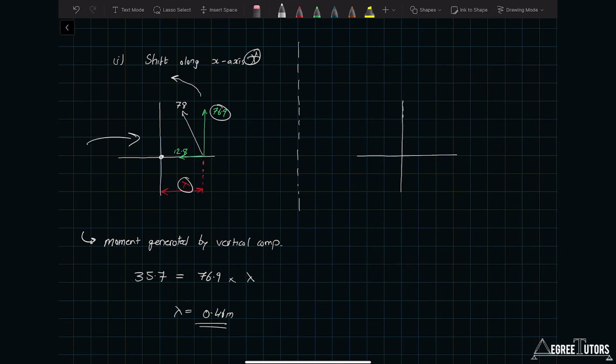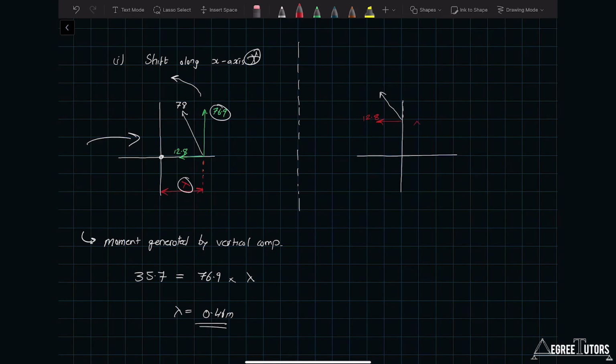Okay, so the other option was to shift it along the y-axis. Again, it's a negative moment we need, and we're generating that negative moment with the horizontal force component, which acts to the left, and so that means the force would have to be shifted vertically in the positive y direction, because now it's this component of force, which we said was 12.8, that has to generate the same moment.